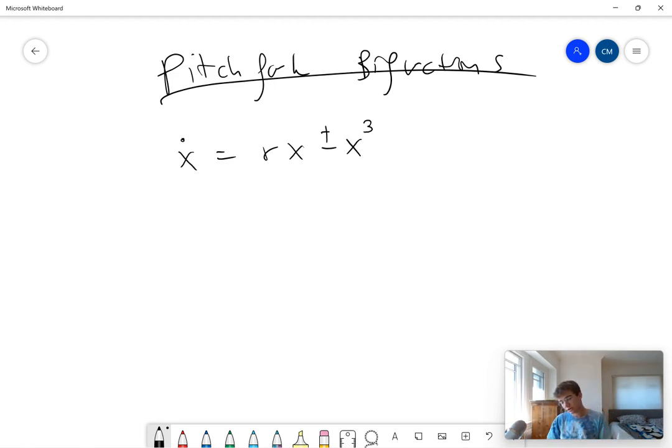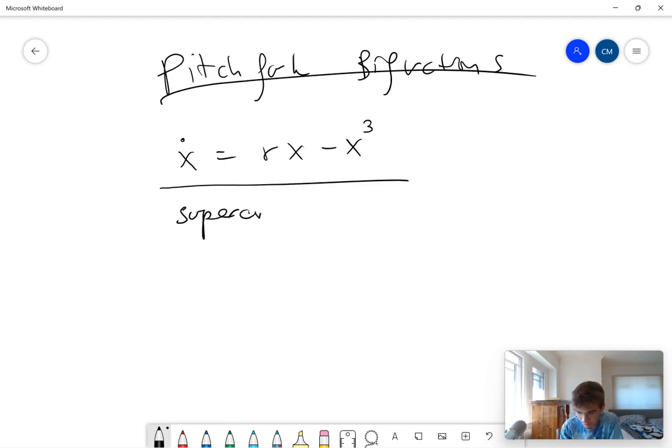But unlike in the other cases we've observed before, there's a very important distinction between this plus and minus root here, okay? So the minus x cubed, this normal form is called a supercritical pitchfork.